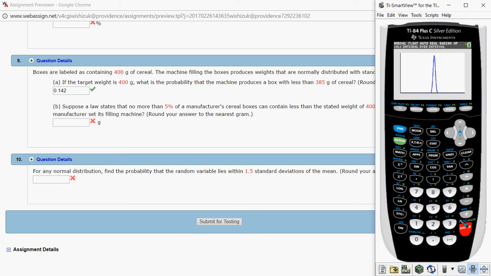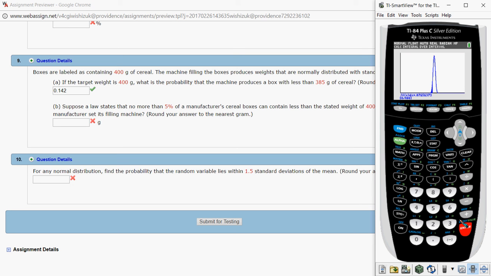It might take a while. It came out to be 0.07, which means we have a little bit more, so we have to set the mean a little bit higher so that the number is lower.